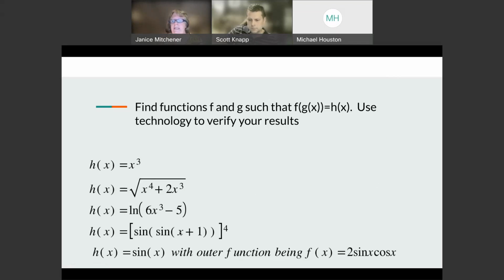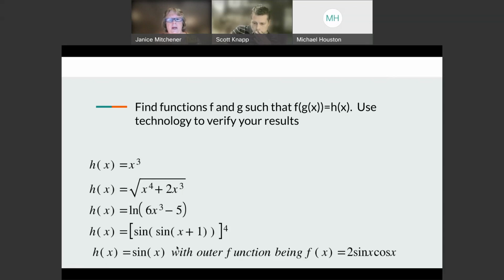And once they get it right, and they test it on technology, I'm like, okay, now you have to come up with 2 more examples. So don't just give me the obvious. Here's what the obvious would be: the inner function is all this, and the outer function is just x to the 4th. Okay, that's too obvious. Give me something a little bit less obvious. So I challenge them to not give me just one answer, but give me 2 or 3.